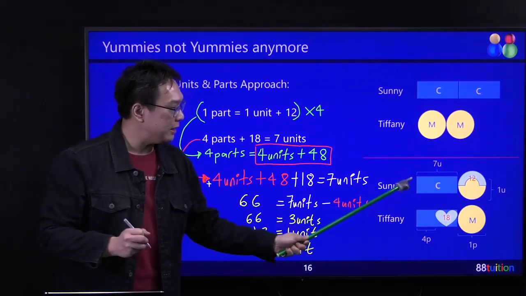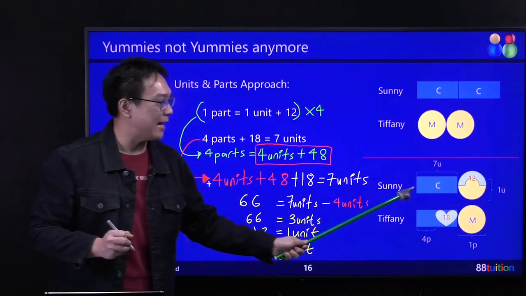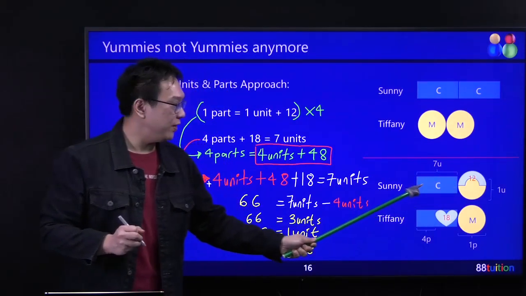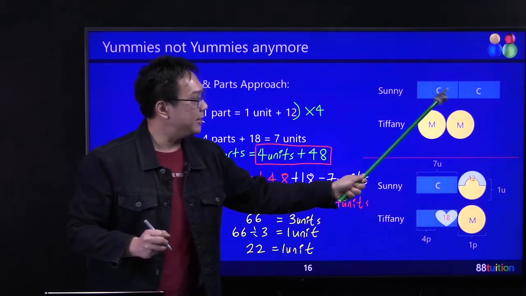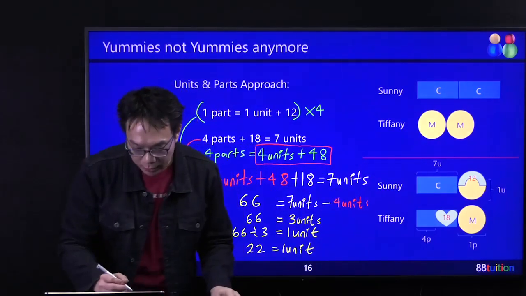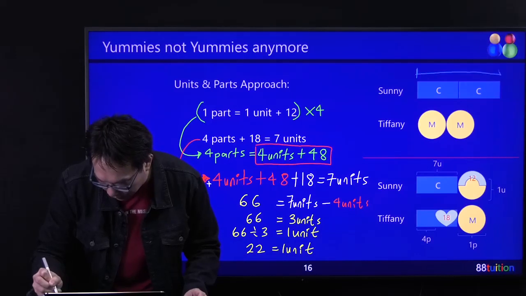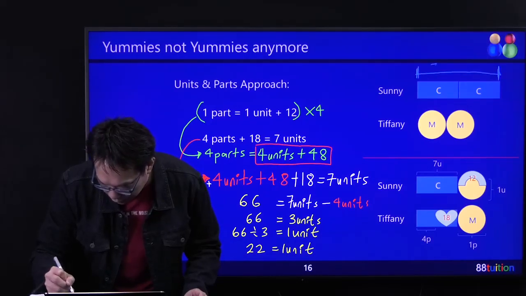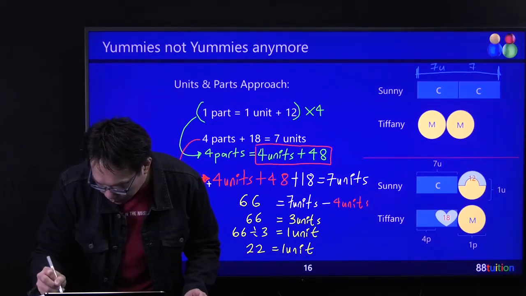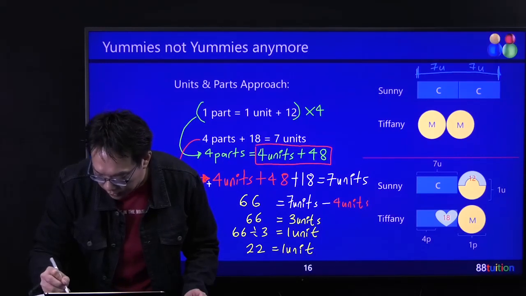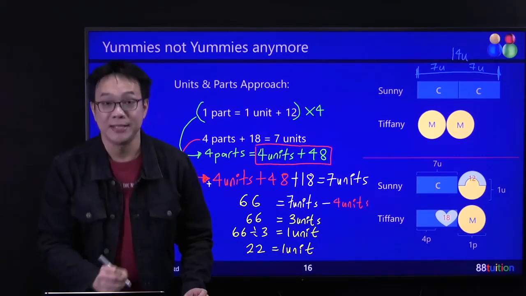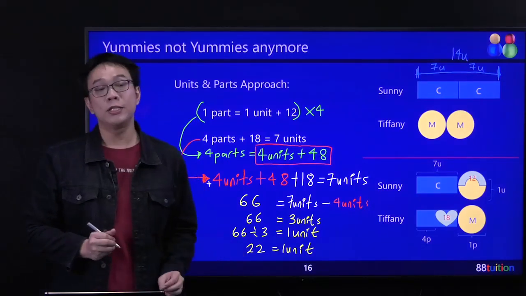Down here, Sunny, this portion is what? It's 7 units. If it is 7 units here, that means this one is another 7 units. So Sunny down here got 7 plus 7, total 14 units. So we know that 1 unit is 22.